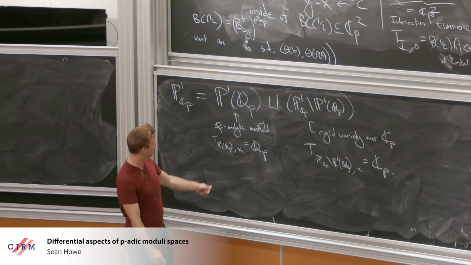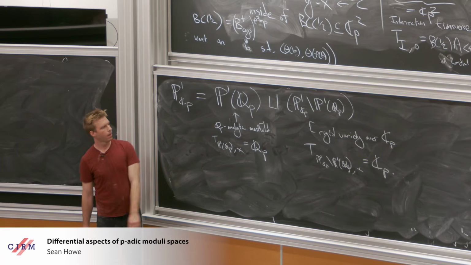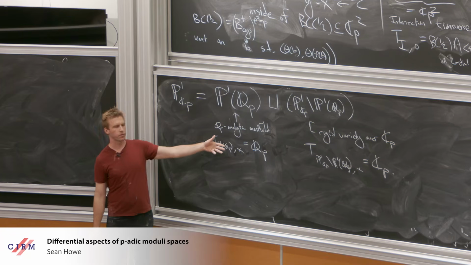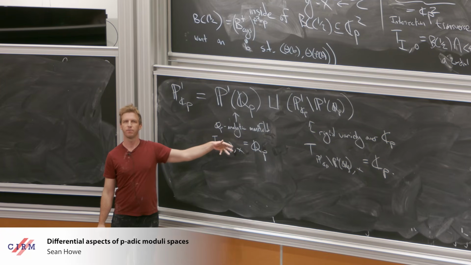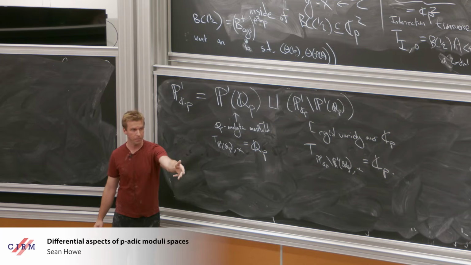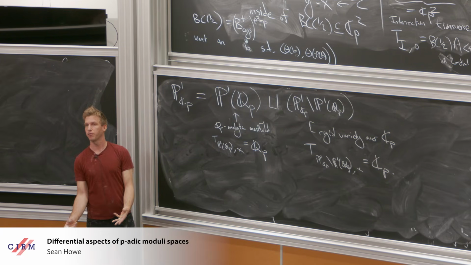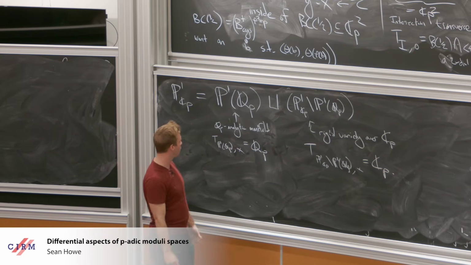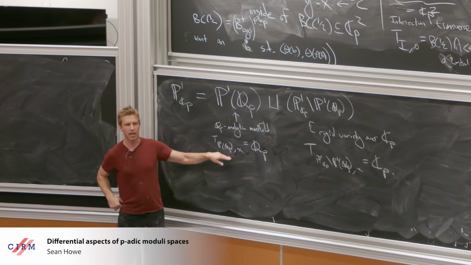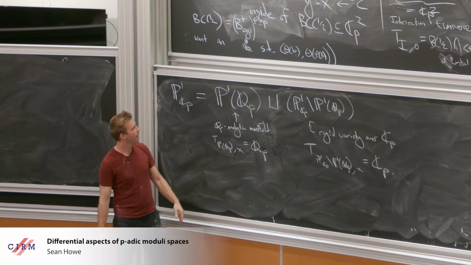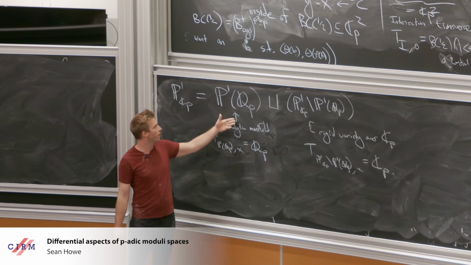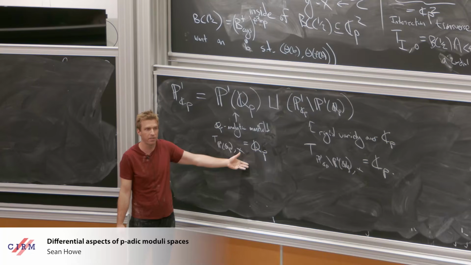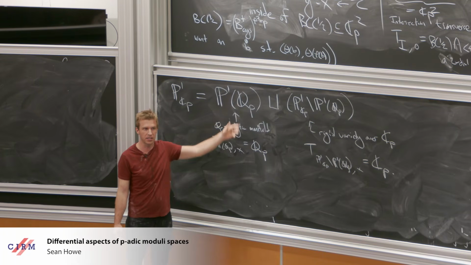If I have a tangent vector over here, I could differentiate analytic functions valued in QP. I could differentiate analytic functions valued in CP. I could differentiate analytic functions valued in B plus de Rham, or O of Y if you know some more exotic period rings. You can differentiate pretty much any type of analytic function on this guy, and there are interesting analytic functions with all of these period rings.